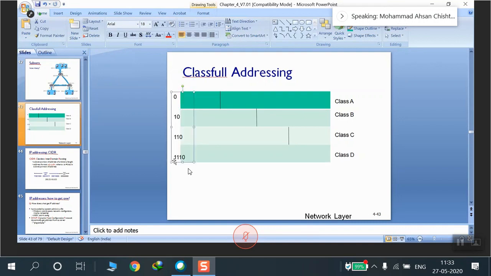This is how you would denote it, which in other words means the first bits would start with these. A total of 32 bits across this.